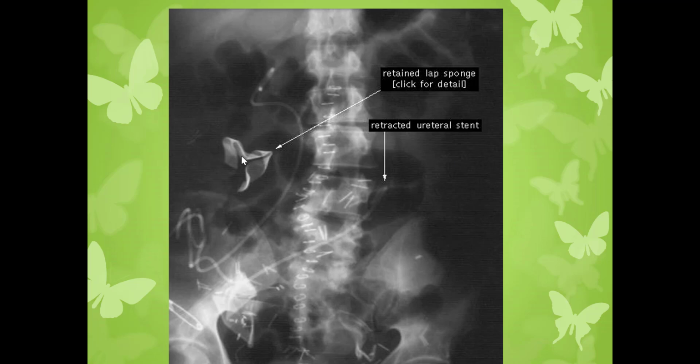And the tail is radiopaque. So obviously when they took this x-ray, they were concerned about their sponge count, and rightly so. Now all of this suture is going to have to come back out, all of those clips, all of the sutures underneath that they used to close the patient, and they're going to have to go in and retrieve that lap sponge. That is the nightmare scenario, the worst case scenario, what we absolutely try to avoid at all costs.